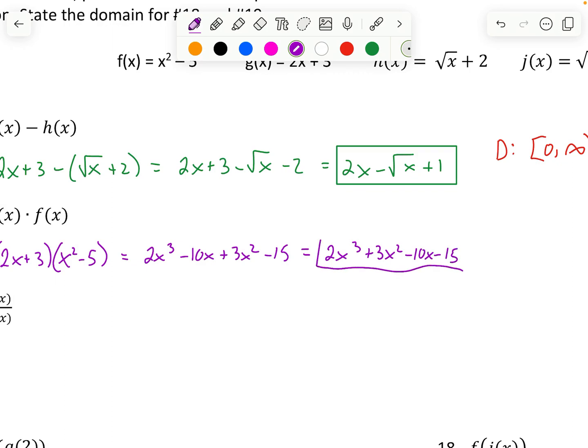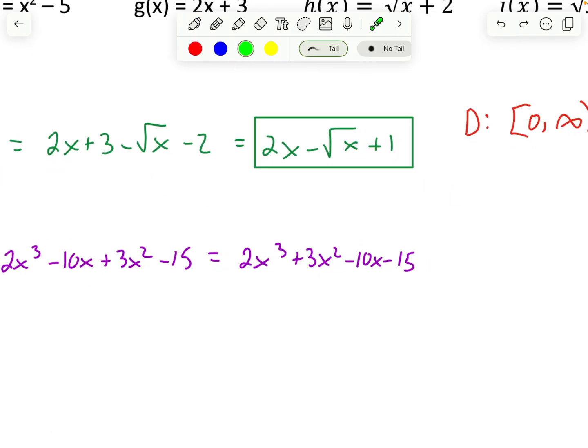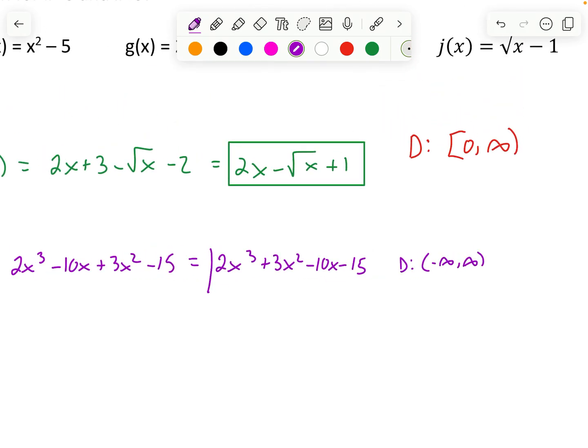There's not even anything to combine there. And this is just a cubic, and it came from multiplying a line and a quadratic. All those things have a domain of all reals. So that is in interval notation, negative infinity to infinity.